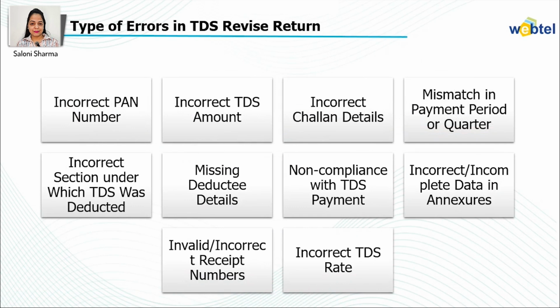Now let's look at the type of errors in the TDS revised return. So the errors in the TDS revised return can be related to incorrect PAN number, incorrect TDS amount, incorrect challan details, mismatch in payment period or quarter, incorrect section under which the TDS was deducted, some missing details of the deductee could be there, non-compliance with the TDS payment, incorrect or incomplete data has been filed in the annexures, invalid or incorrect receipt number has been entered, or it can be incorrect TDS rates.